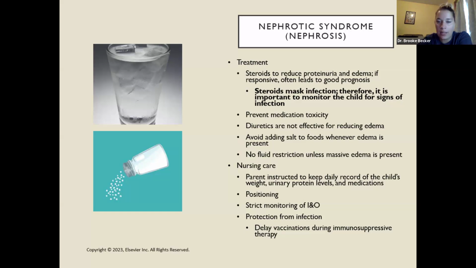They're not going to be getting their vaccines when they're on their immune suppressants, such as steroids, okay? Because they won't have a good immune response to that vaccine and they'll have to get it again anyways, okay? They don't only do diuretics. Those aren't overly helpful.